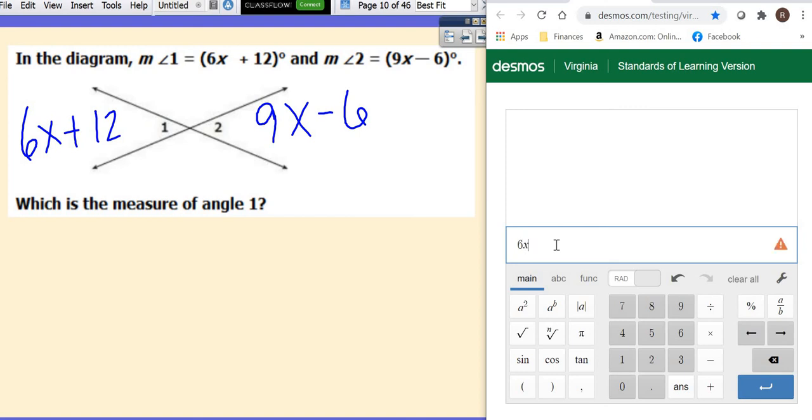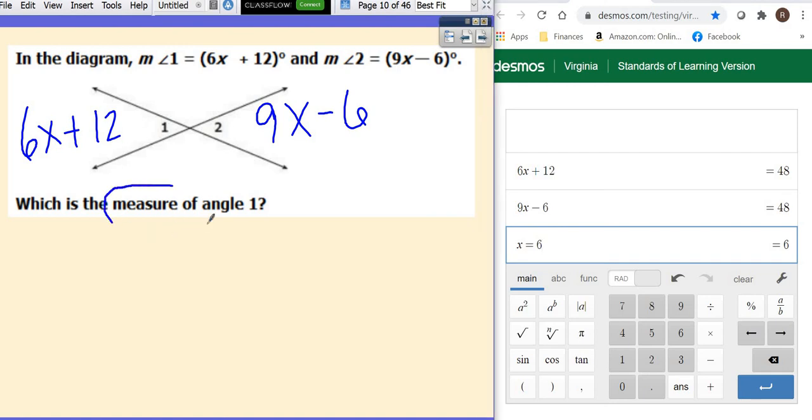So the way I'm going to solve that in these review videos is I'm going to use my calculator to my advantage. I know that each angle has to be exactly the same. So I'm going to start with x equals 1. Well, that didn't work. How about 2? How about 3? How about 4? How about 5? There you go, x equals 6. Now that is the x value, but it wants to know the measure of angle 1.